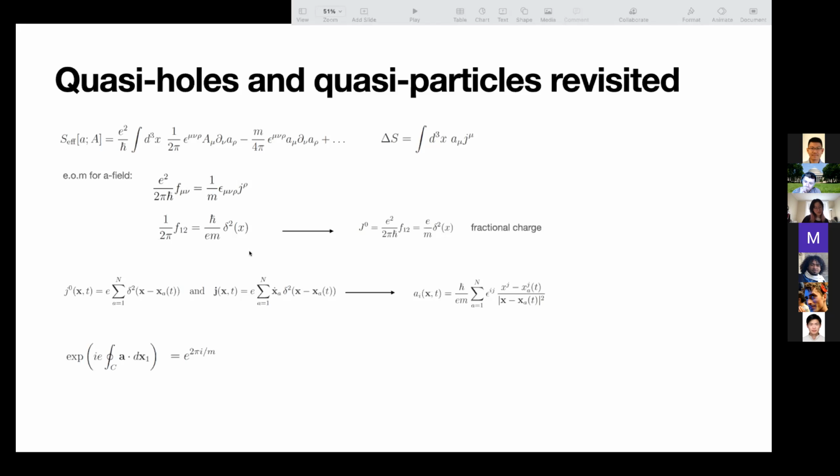People often call this flux attachment. And if we plug what we get from the equation of motion of little a back into the definition of the current, we'll find we get a fractional charge.